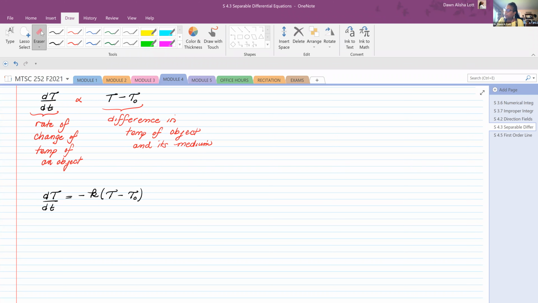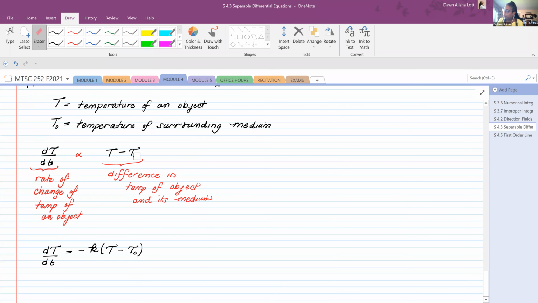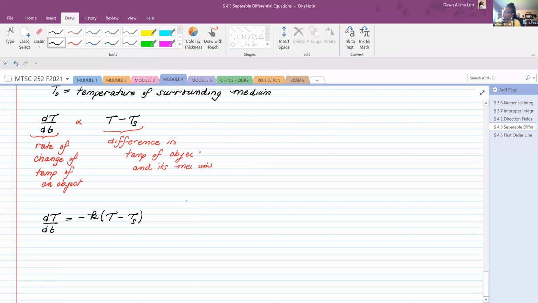Let me write the temperature of the surrounding medium as TS as opposed to T naught, because T naught could be something else. So we're going to use TS. K is the heat diffusivity, the diffusivity of heat.